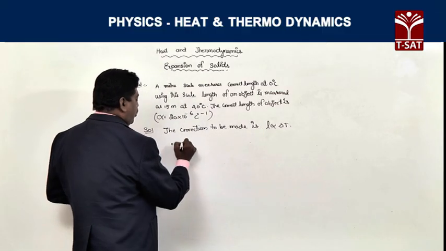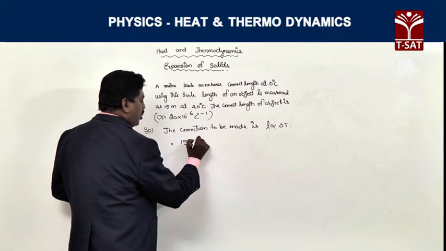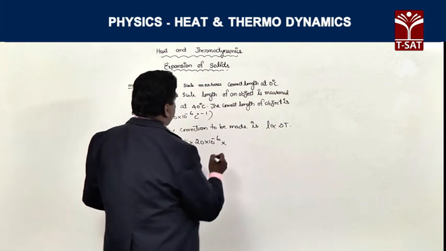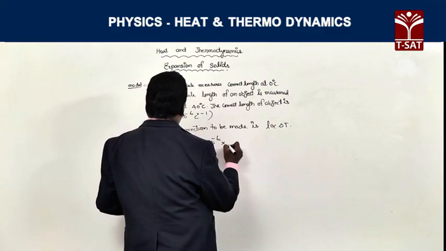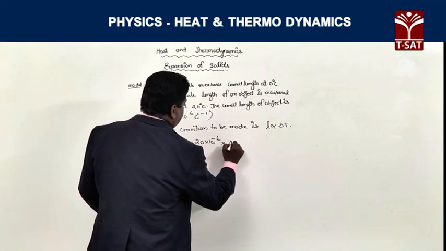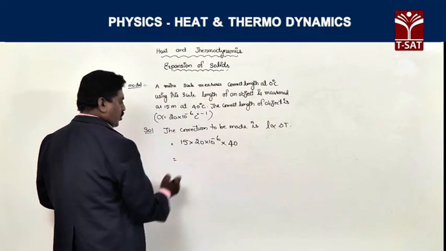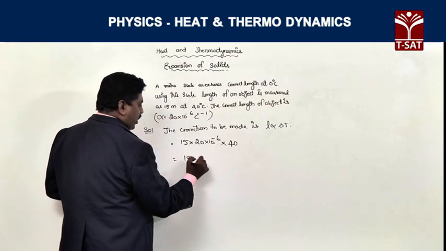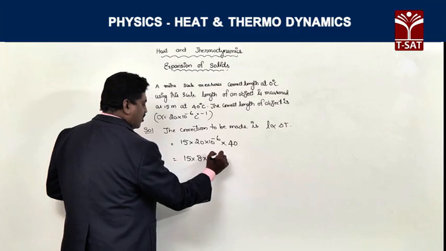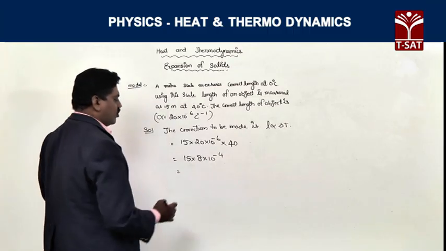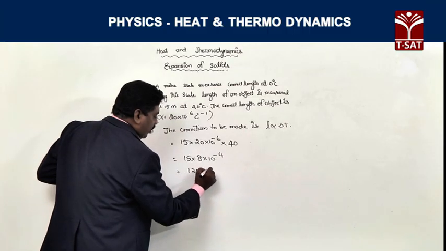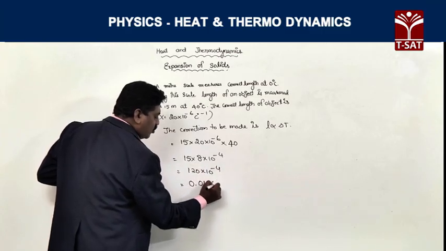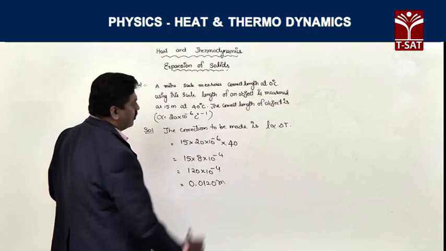It is equal to 15 into 20 into 10 to the power of minus 6, and the change in temperature is given as 40 degrees Celsius. So we have 15 into 8 into 10 to the power of minus 4, which equals 120 into 10 to the power of minus 4, or 0.0120 meters.